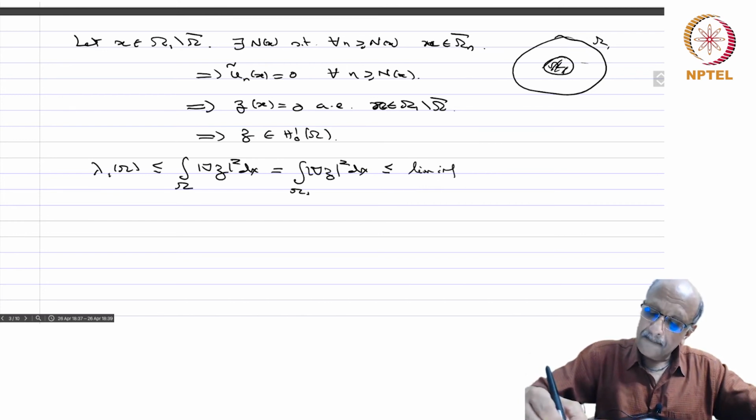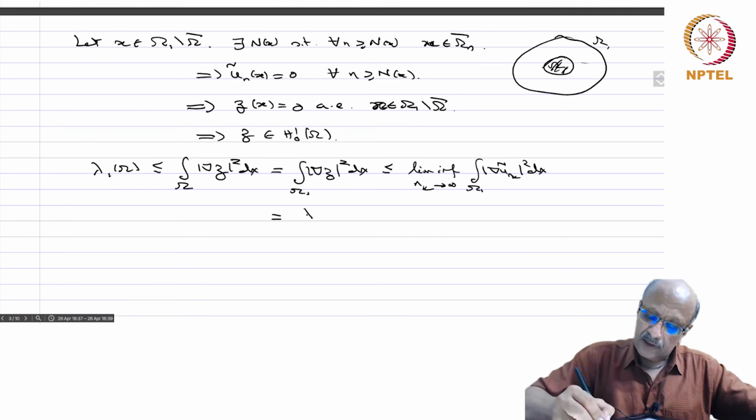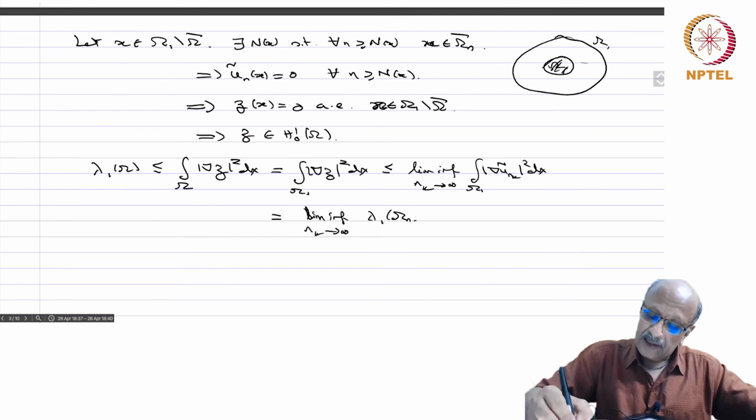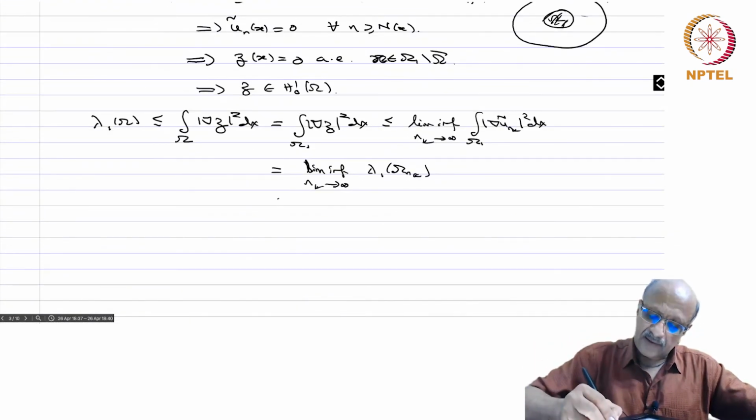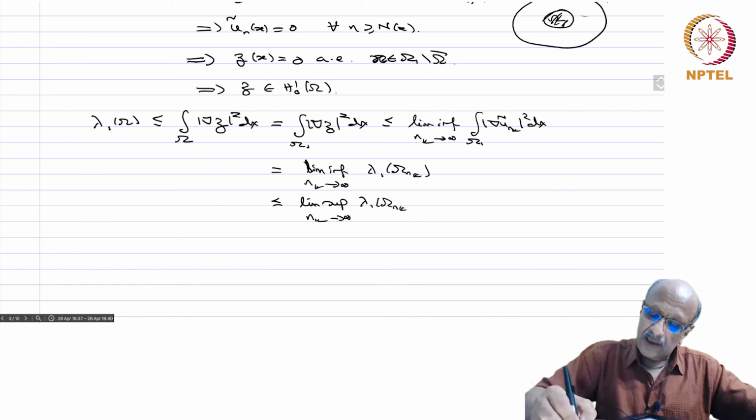The lim inf as n_k tending to infinity of the integral on Omega_1 of |grad u_{n_k} tilde| squared dx is therefore the lim inf as n_k tending to infinity of lambda_1 of Omega_{n_k}, as we have already observed, and that is less than or equal to the lim sup as n_k tending to infinity of lambda_1 of Omega_{n_k}, and that is of course less than or equal to lambda_1 of Omega.